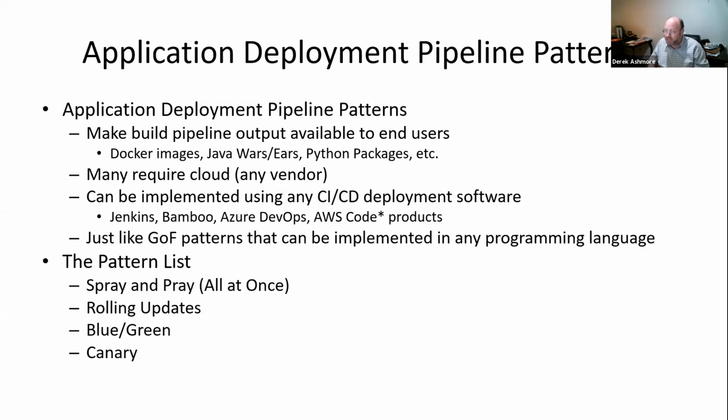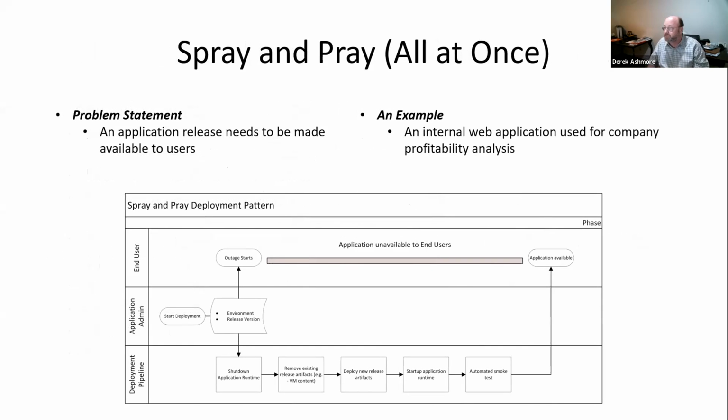And we can talk about that. Then we've got blue-green, which gets a lot of press lately, and canary, which some people will have objections to how I phrase canary, but I'll reserve those torches and pitchforks for another slide.